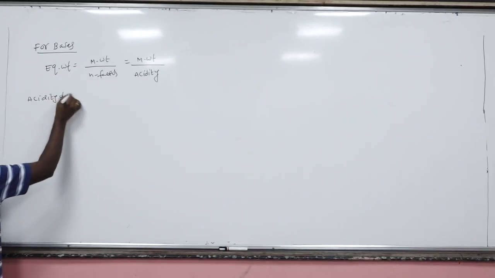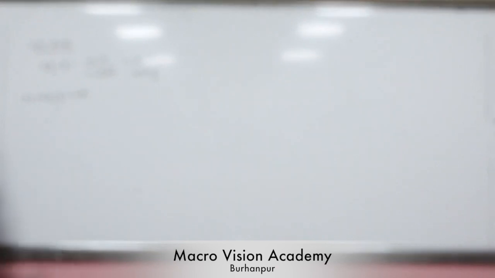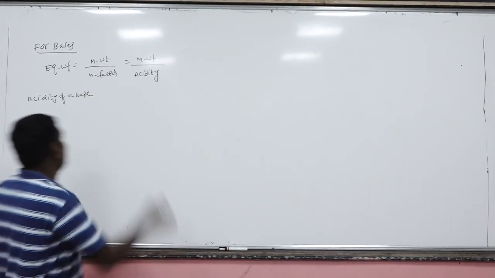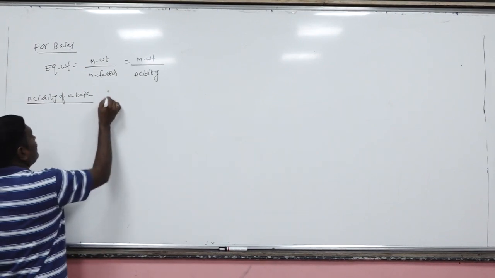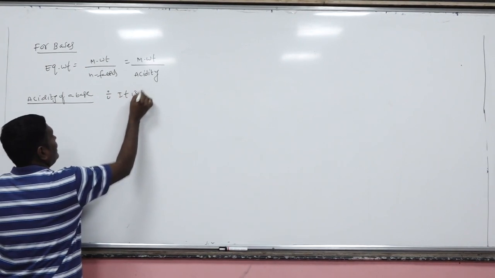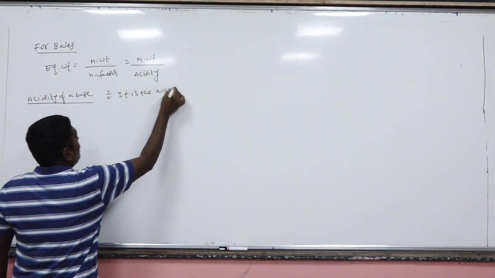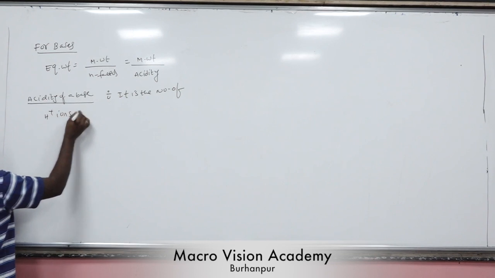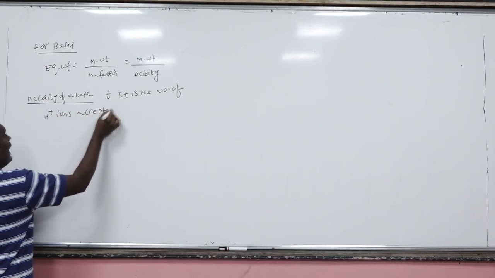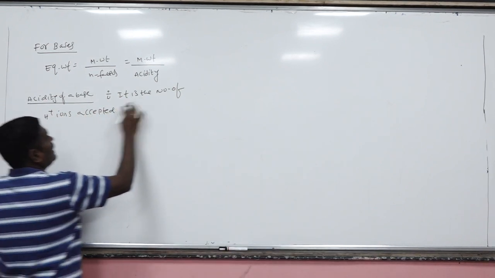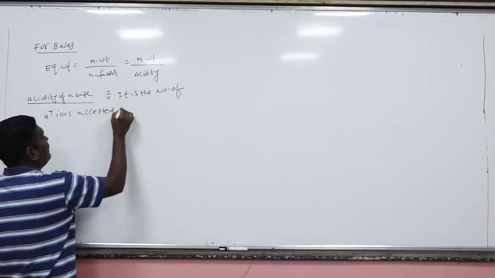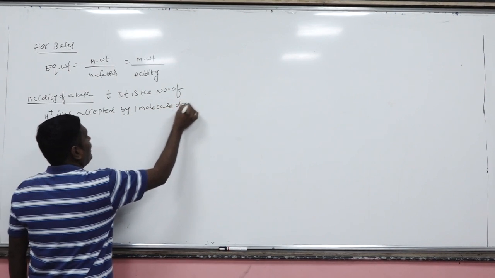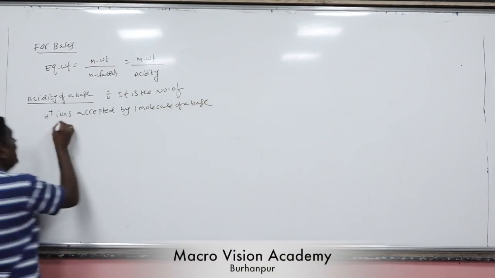Acidity of a base. Remember, basicity of an acid, acidity of a base. The definition: it is the number of H plus ions accepted by one molecule of a base from an acid.